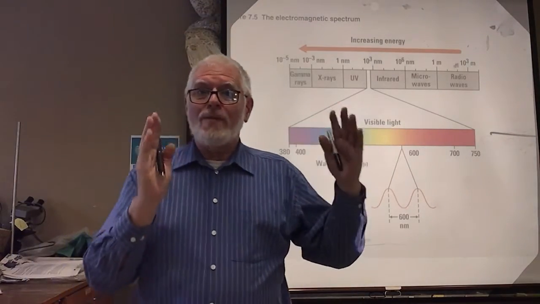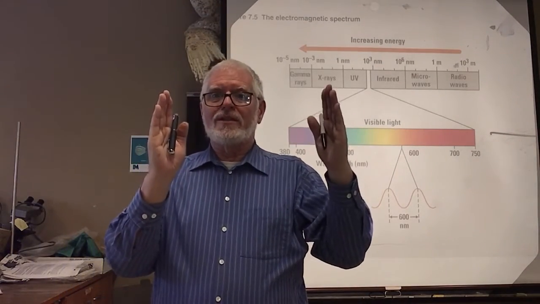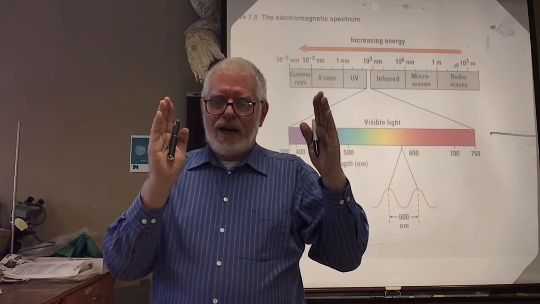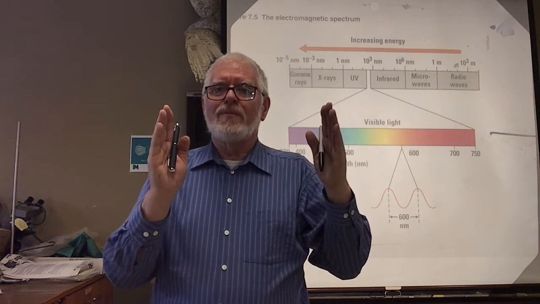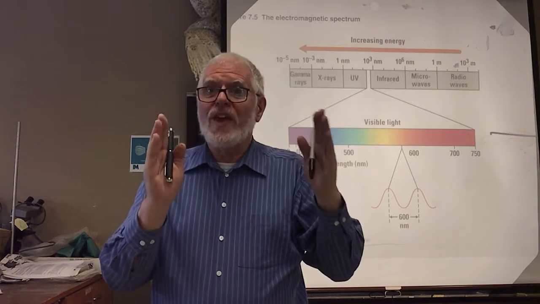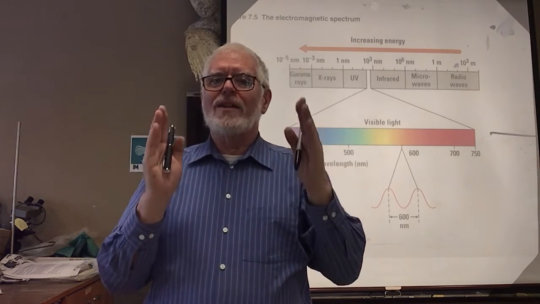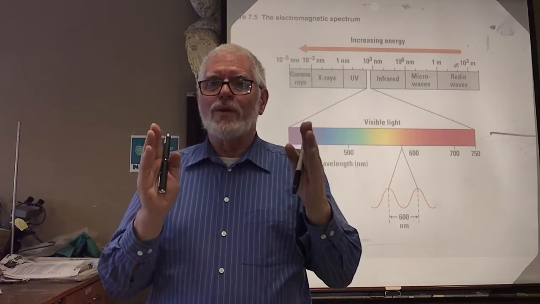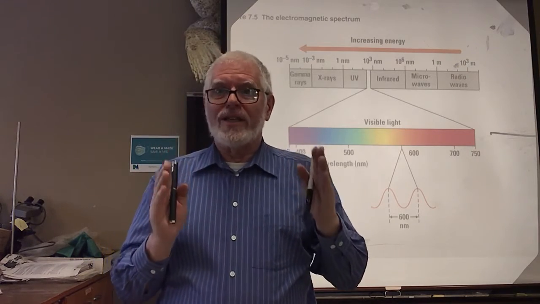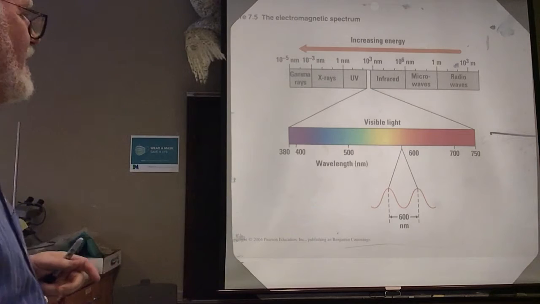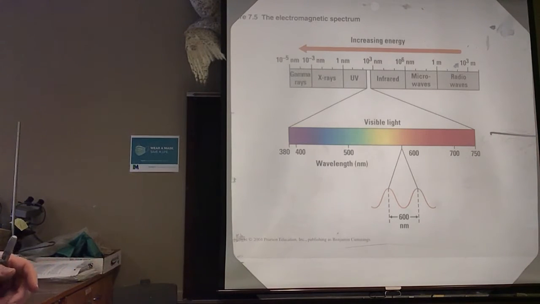The longer the wavelength between two peaks, the less energy there is, and the fewer things hit you in a second, so the lower the frequency. Long wavelength, low frequency, low energy. Short wavelengths, high frequency, high energy.